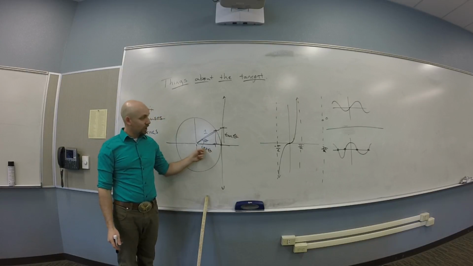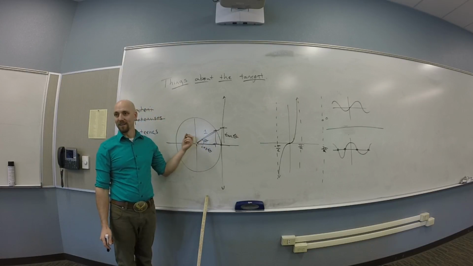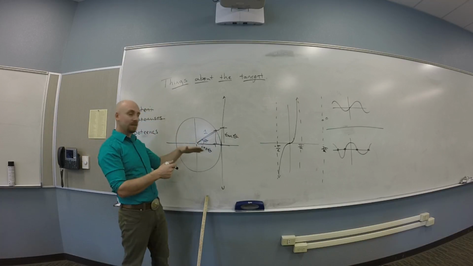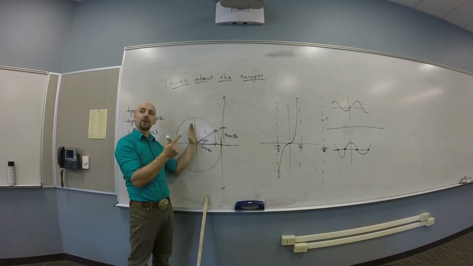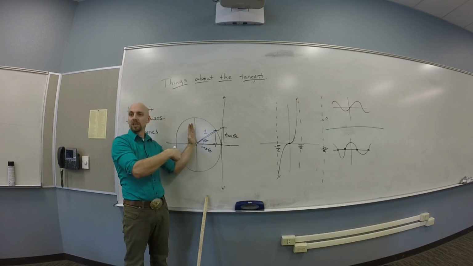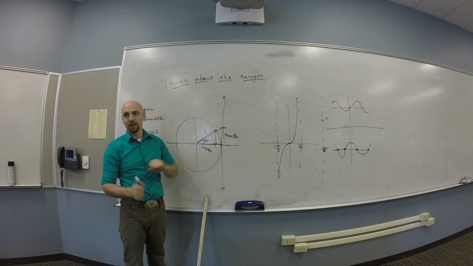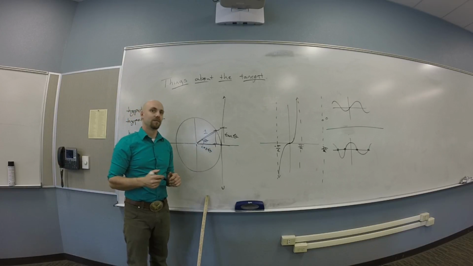Yes, because the cosine is 0 there. On the one hand, I can think about it as this line and that line aren't going to meet. On the other hand, mathematically, I can think about it as a ratio between sine and cosine, and cosine equals 0.